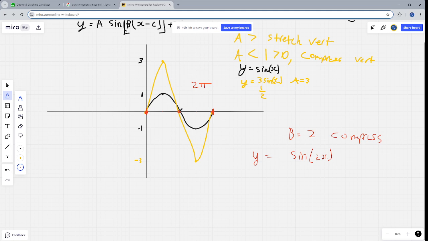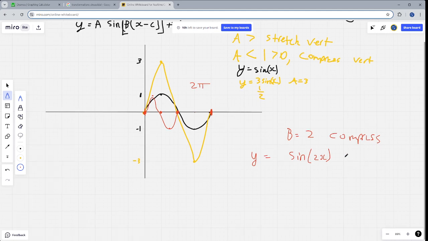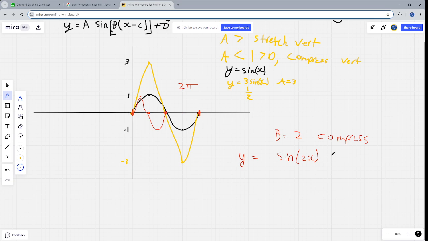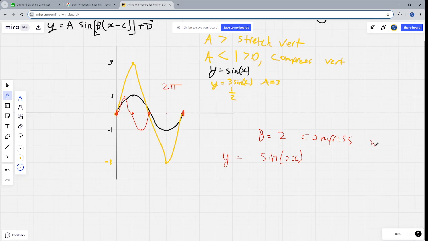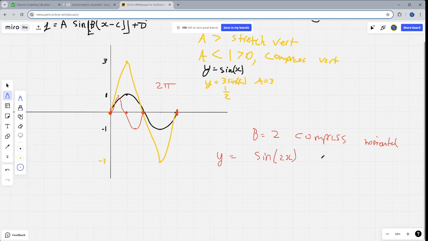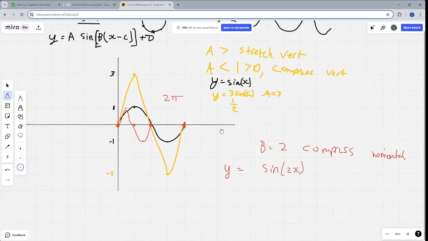So that means we're going to have to end here, right? And we know that means our midpoint is going to be right here, which means our maximum is halfway here, and our minimum is going to be halfway here. So we'll draw this out, and that's what that graph would look like. Y equals sine 2x. It would just compress it horizontally. We can also stretch it horizontally by making this a fraction. So if it's between 0 and 1, then it's going to stretch it horizontally or extend our period.